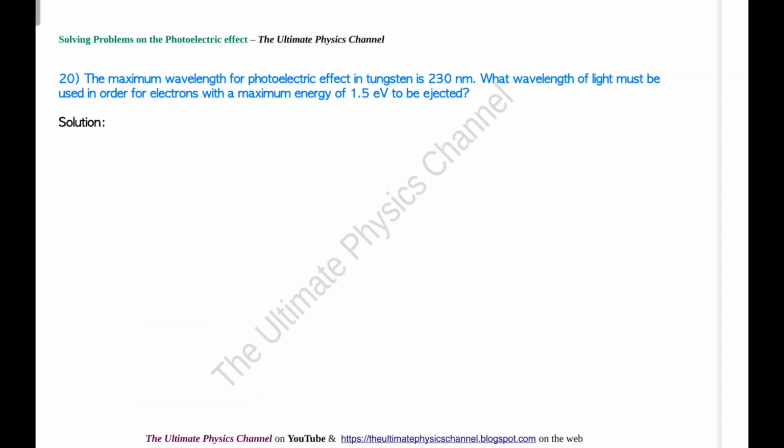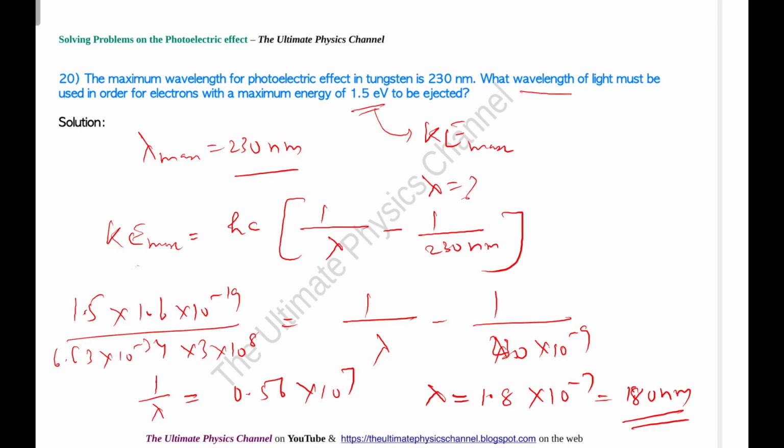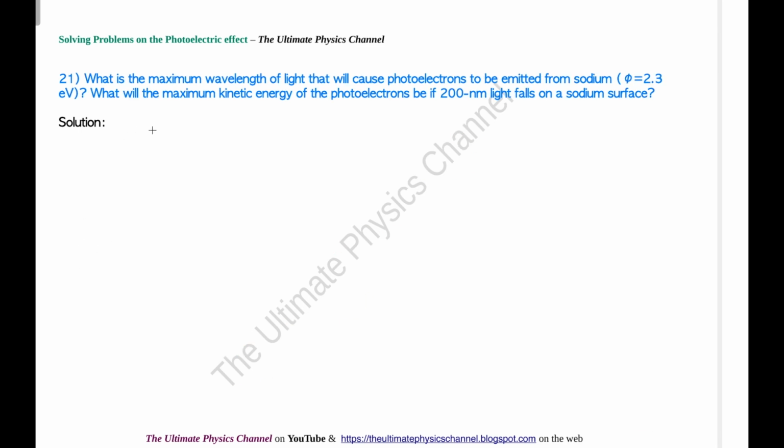Right. What is the maximum wavelength of light that will cause photoelectrons to be emitted from sodium, whose work function is given as 2.3 eV? And what will be the maximum kinetic energy of the photoelectrons if 200 nanometer light falls on a sodium surface?